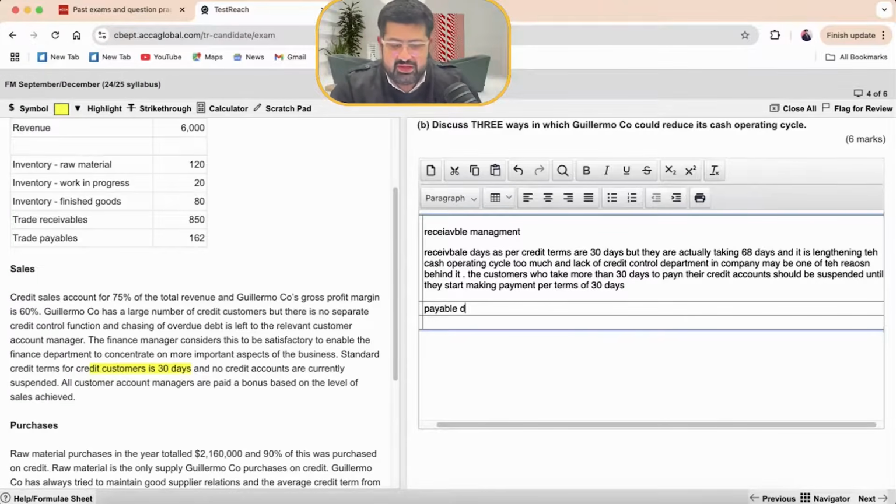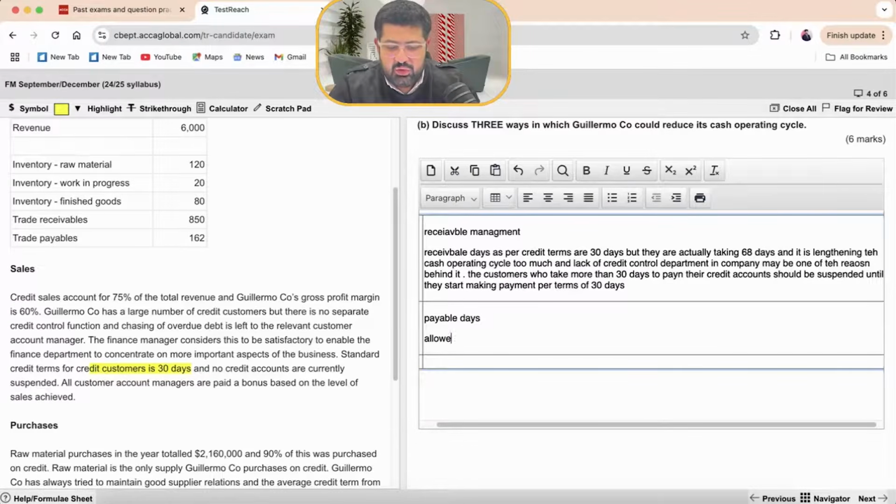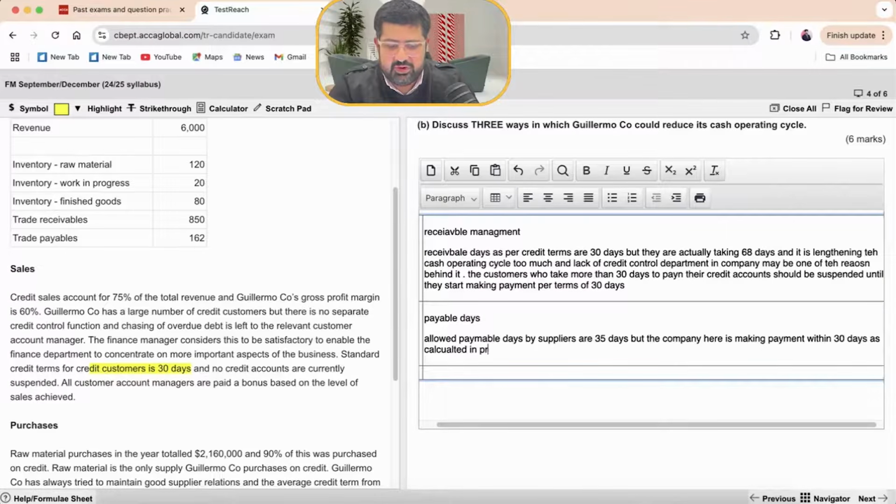Second is payable days. Allowed payable days by suppliers are 35 days, but the company here is making payment within 30 days, as calculated in the previous part of the question.